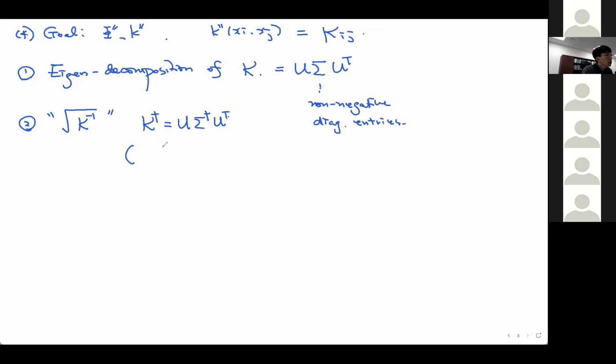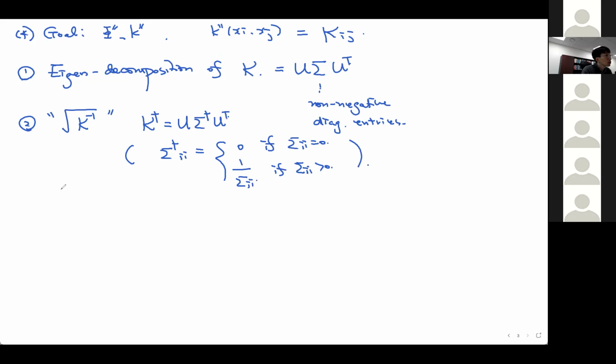And then sigma dagger is defined like this. It's a diagonal matrix whose ith entry is 0 if the ith entry of the original sigma is 0. Otherwise, in the case it's positive, we have 1 over that entry. Okay, so that's how you define this.